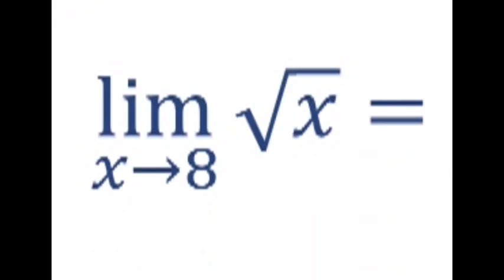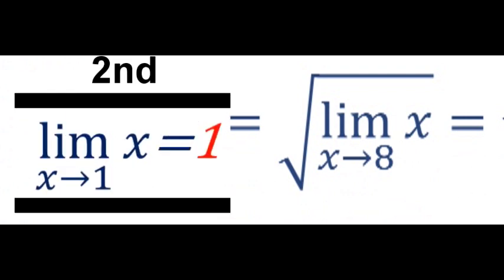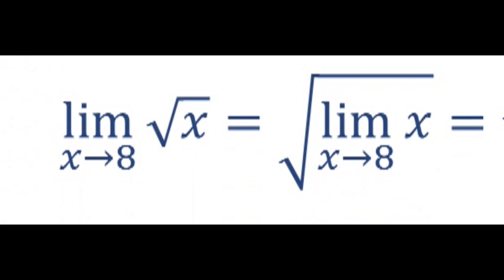Limit of square root of x as x approaches 8. Okay, so since we have a square root, we take the square root of the limit of f of x as x approaches 8. And then take note of this because this is theorem number 2, the limit of a function x.